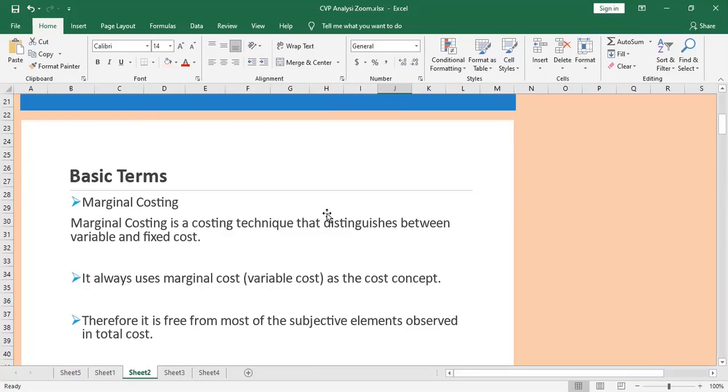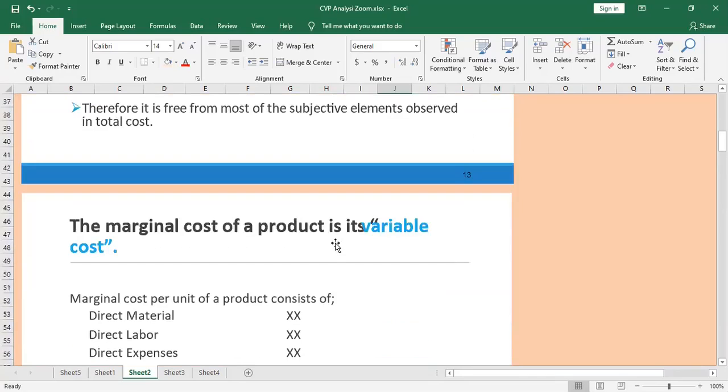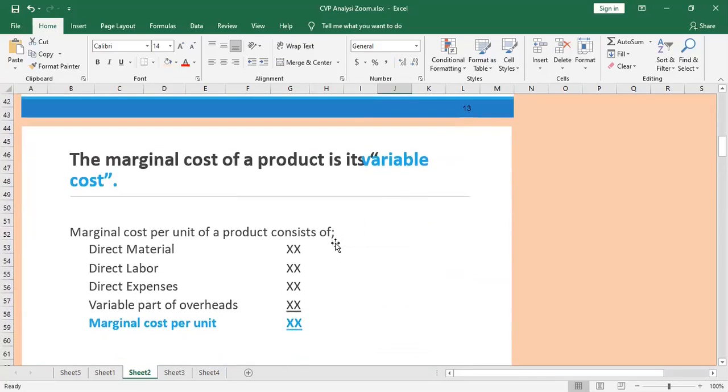And we have marginal costing, same idea, same thing. Marginal costing and variable costing, same thing. Marginal costing is the costing technique where we distinguish between variable and fixed costing. So marginal cost means variable cost. So it's the same thing, right?